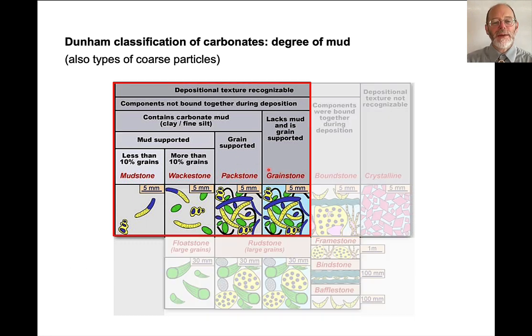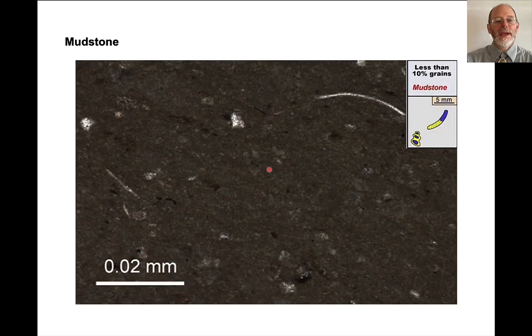These are the more common limestones that we see. And it comes down to the amount of mud. If there is less than 10% grains, so here's a grain and there's a grain and there's another grain, here's another one, but otherwise almost all this material in here is mud. If it's less than 10% grains, then we call it a mudstone.